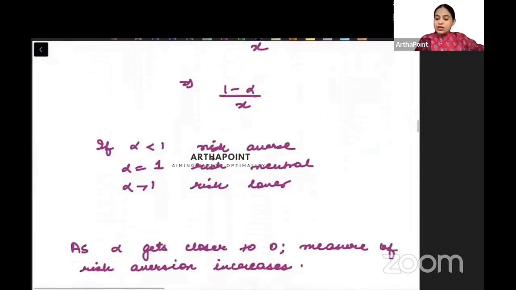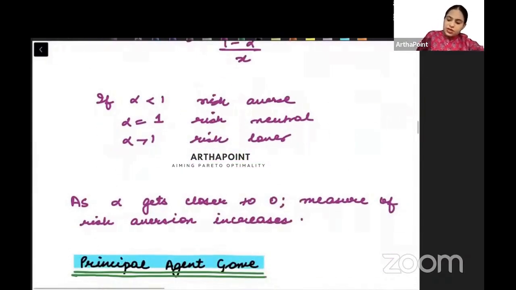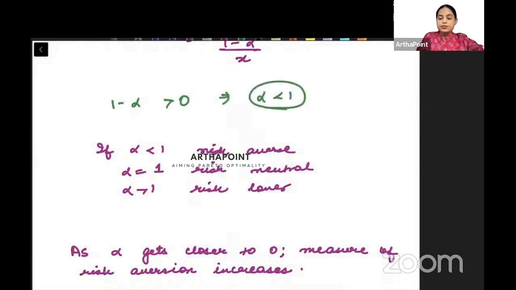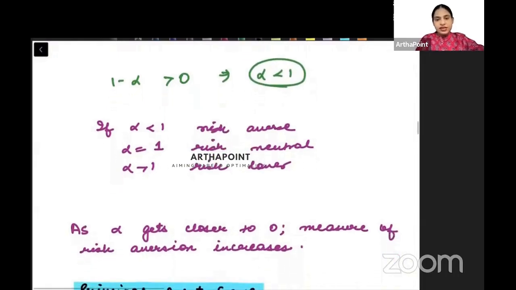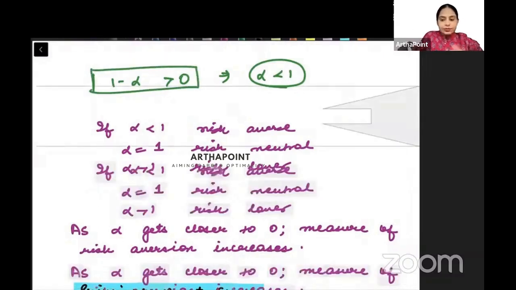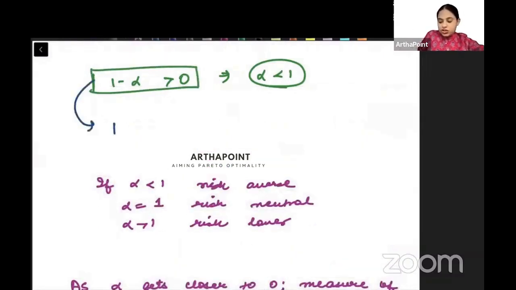Now, once it comes out as 1 minus alpha, there is something very interesting here. देखो, 1 minus alpha will be positive as long as alpha is less than 1. And अगर ये positive है, what is the interpretation out of it? The interpretation is that there is positive risk aversion.